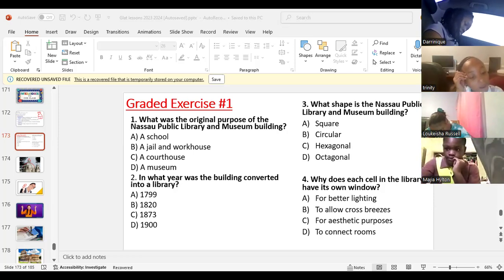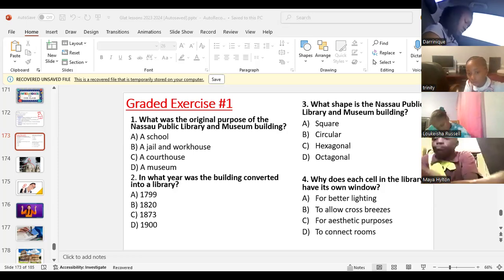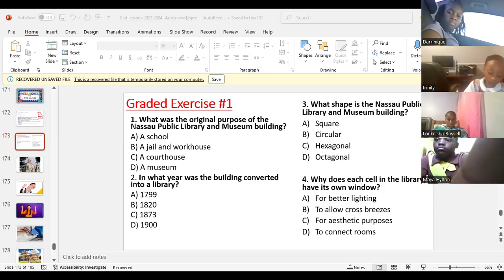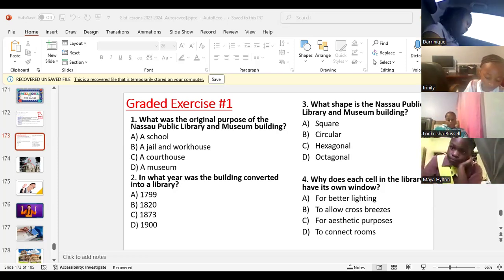Gianna, what number you on? I'm still on number 2. Who said they finished? Trinity. Okay, take a picture of your work and send it to me via WhatsApp.